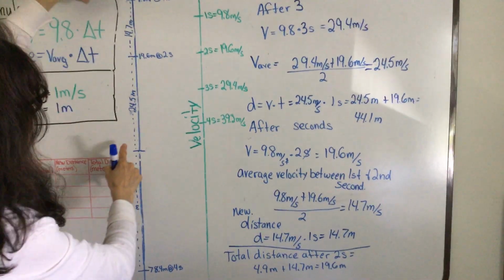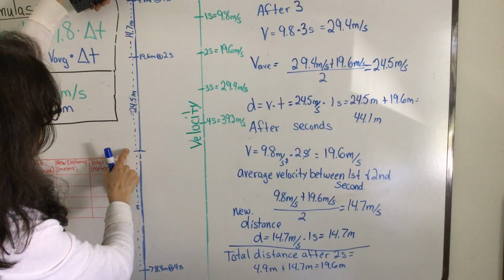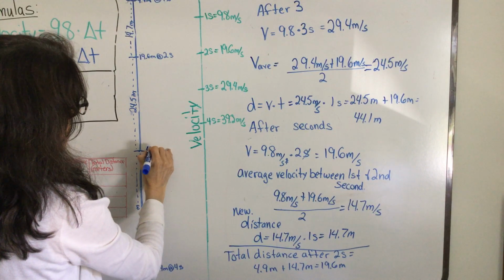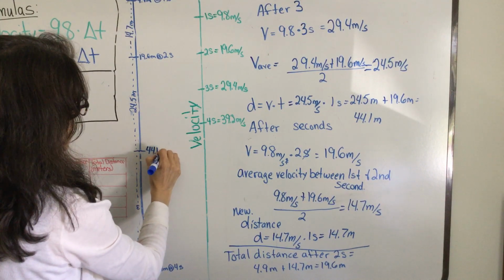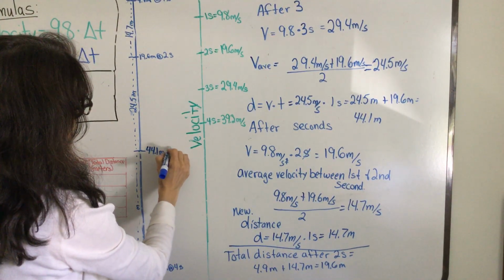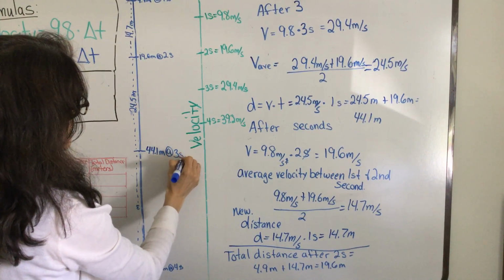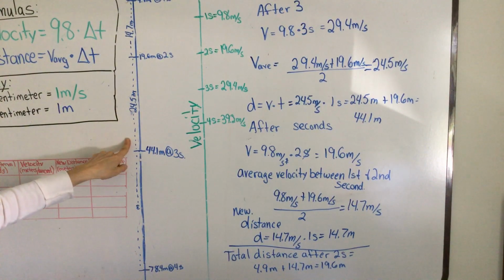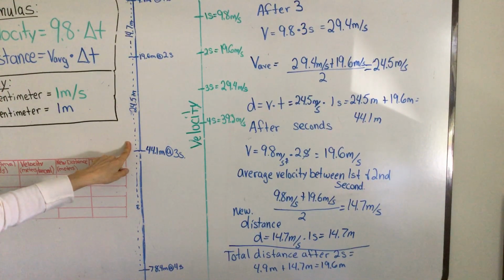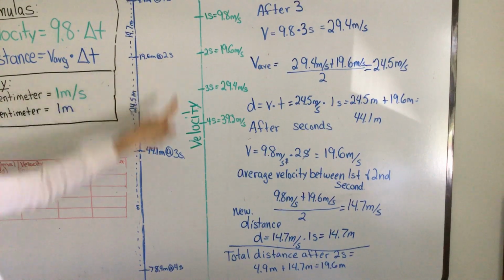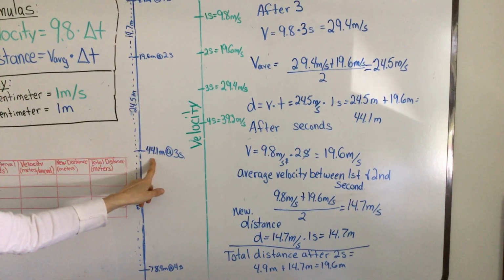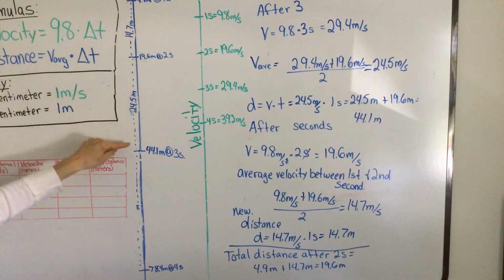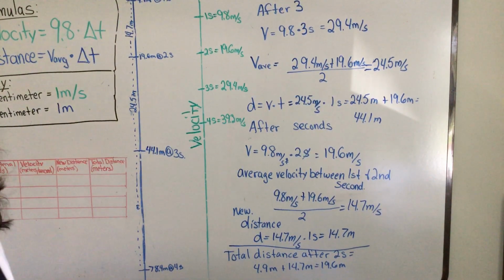The distance from the beginning to the next line should be 44 centimeters, because that represents in real life 44 meters, and that will be at 3 seconds. Your object gained 24.5 meters in between the second and third second, so it came down to 44.1 meters. And what you want to do is measure all these in centimeters so it fits on your paper.